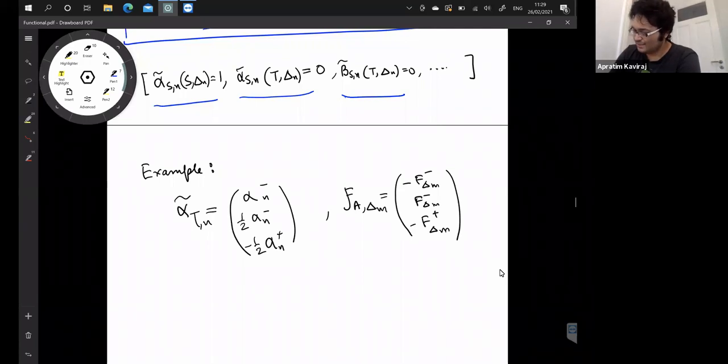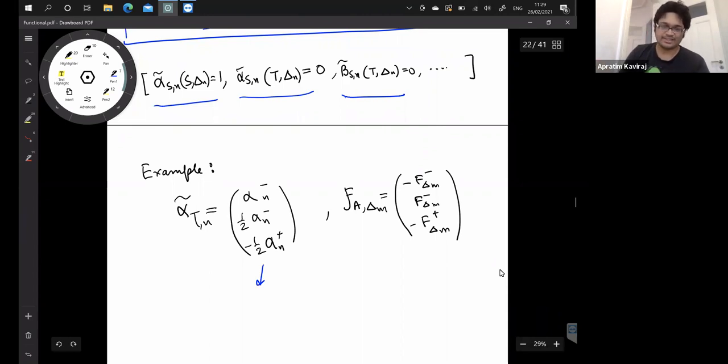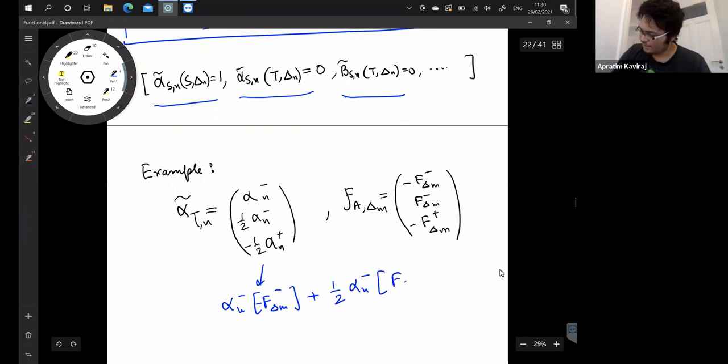So this slide is to show an explicit example that you can choose alpha tilde in a certain way. If you choose them in this way, what do you get? Let's do it right now. You have alpha n minus acting on f minus of f delta m, plus half of alpha n minus acting on f delta m minus, and minus half of alpha n plus acting on f delta m plus.